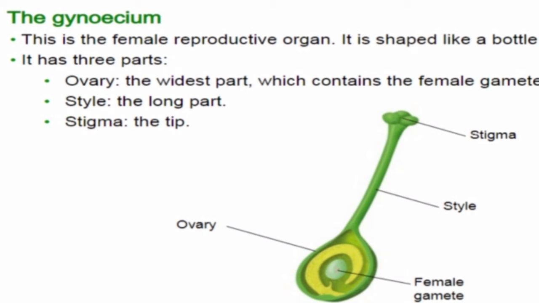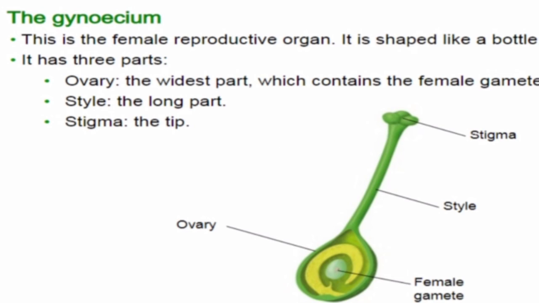Here the ovary is the widest part which is swollen and it contains the female gamete. The stigma is the tip portion of a pistil or carpel, and the style is the long and slender part which connects the stigma and the ovary.